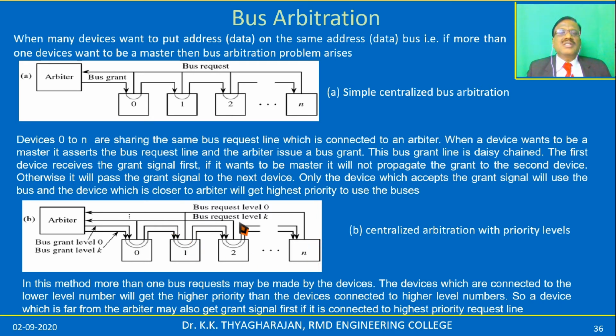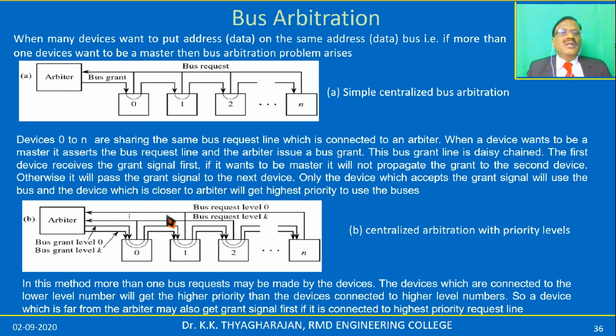Similarly, bus request level k is connected with device 2 and device 0. So there are n levels for bus request. At the same time, there will be n bus grants.